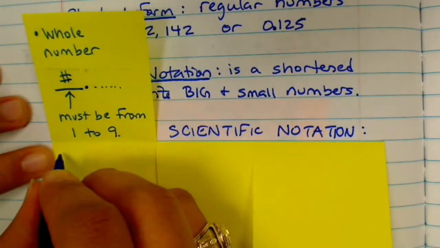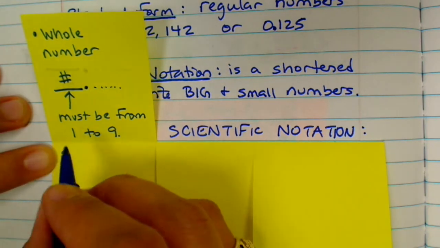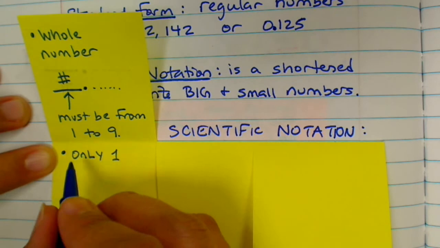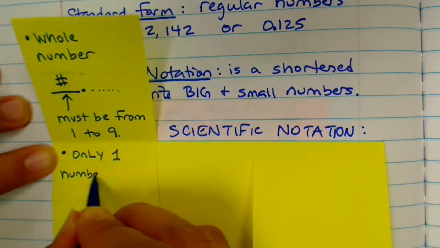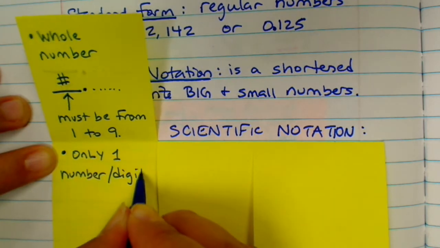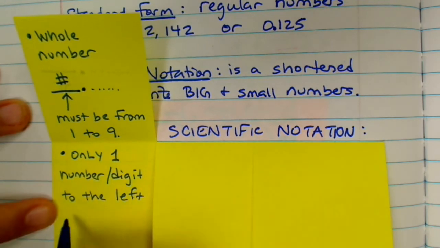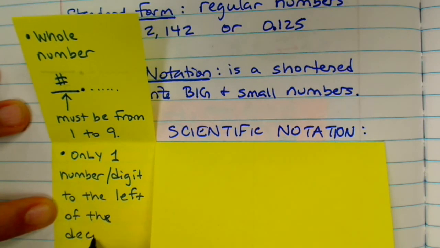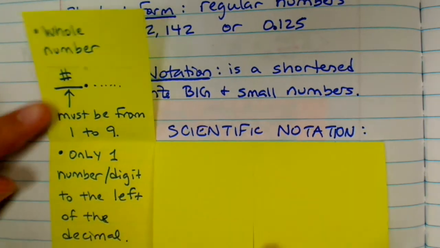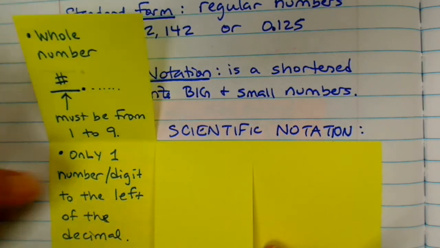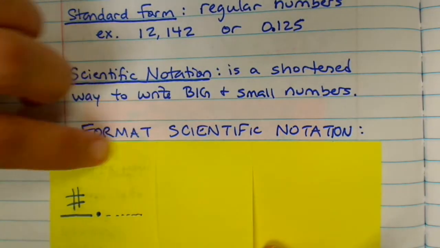On the bottom flap, we're going to go ahead and write only one number or digit to the left of the decimal. So there should only be one number to the left of the decimal. That's how you write the first part of this scientific notation.